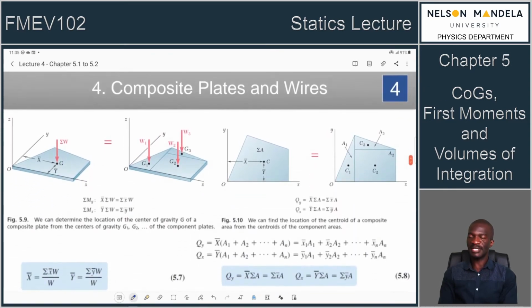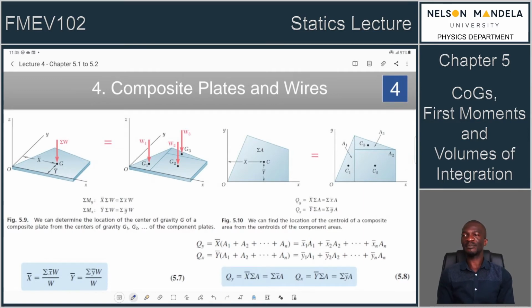Now let's look at concept number 4 on composite plates and wires. You will notice that the geometrical shapes that we get and need to work on are simply a number of regular shapes put into what? Into one object.